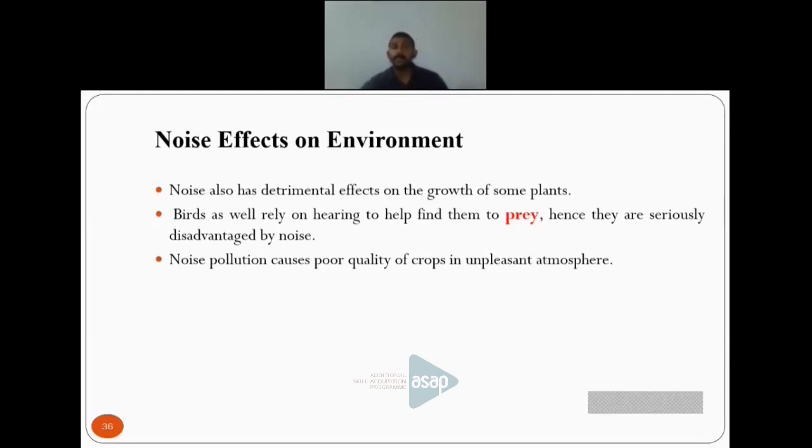And next are the birds. While searching for food, some birds find other birds by their sounds. But if the noise is higher, they are not able to find their prey. As already said, the crop yield will be reduced.